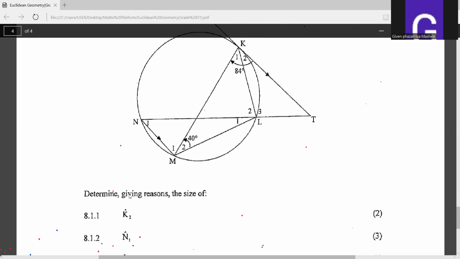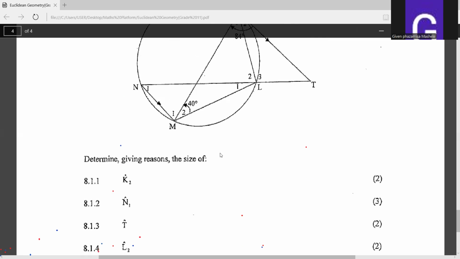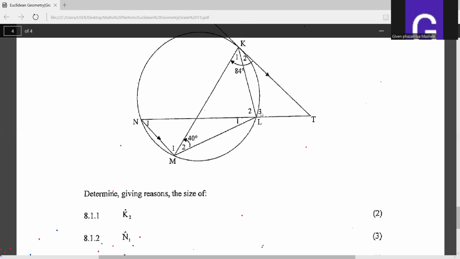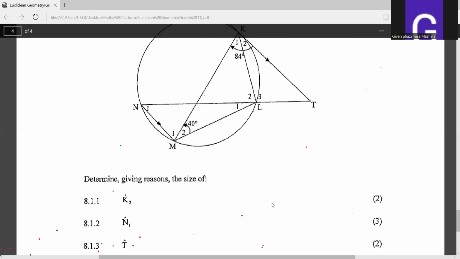N1 is 44. T is also 44. L2 is 84. Then L1, sum of angles in the triangle.